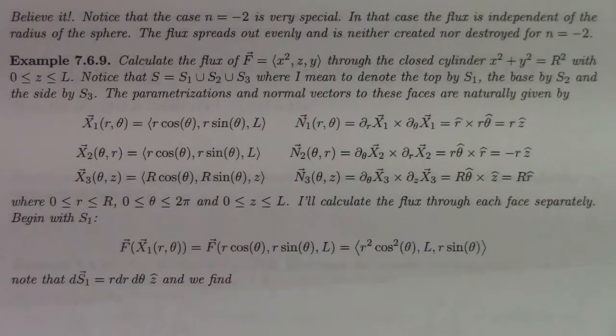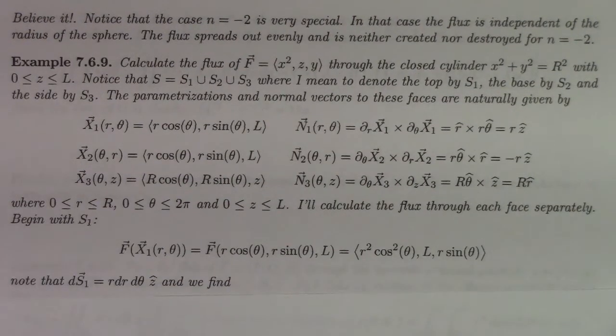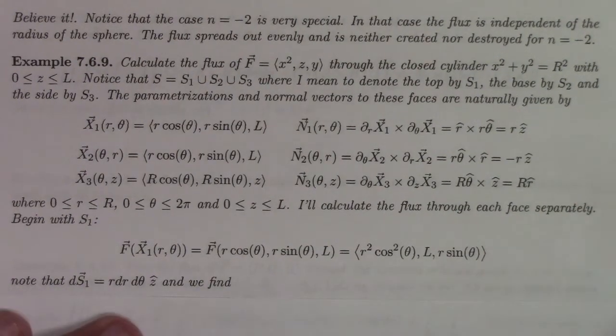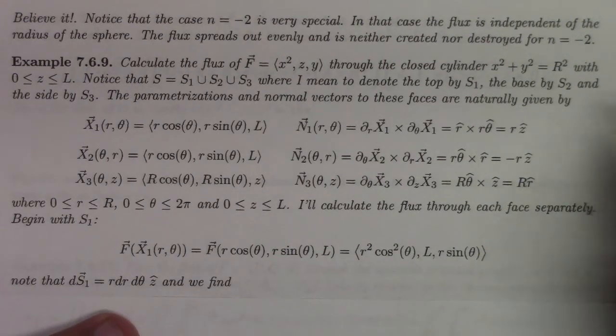Now, whoa. So here I calculate the flux through a closed cylinder. I said S1, S2, S3. To give you a picture of this, here's the closed cylinder, right? I'm saying that the top is S1.